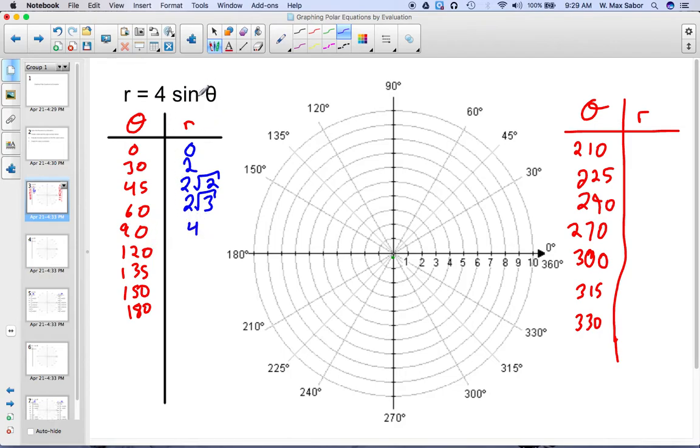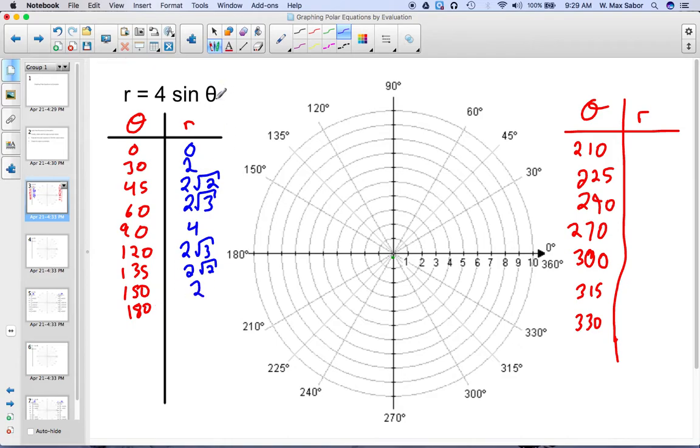120 in for theta gives root 3 over 2 times 4 is 2 root 3. 135, sine of 135 is root 2 over 2 times 4 is 2 root 2. 150, going in for sine, gives 1/2 times 4 is 2.